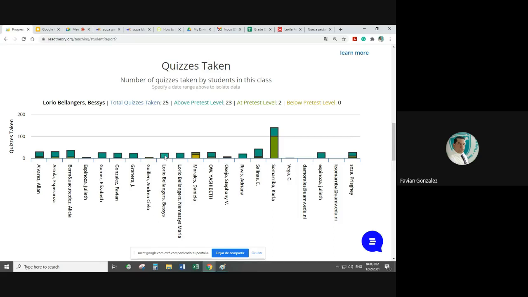We don't have much to do with the passages that are at the pre-test level, and even less with the passages below the pre-test level, because those are passages in which the student read and couldn't understand much or anything. That being said, we can use the number of above pre-test level passages to grade reading proficiency in our students.